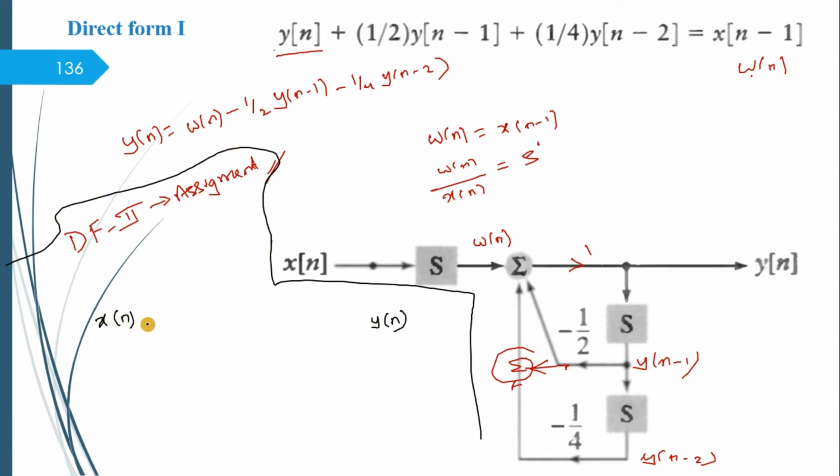So here x of n to y of n, I am just interchanging the system operator. So this part I am writing first. Let me write it. Summation. Then you have two shifters. This summation I wrote, and these two shift operations I'm performing.